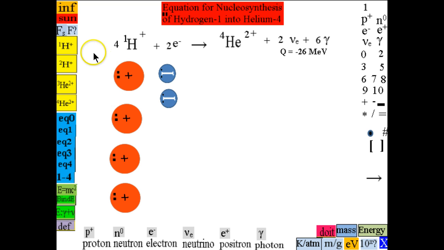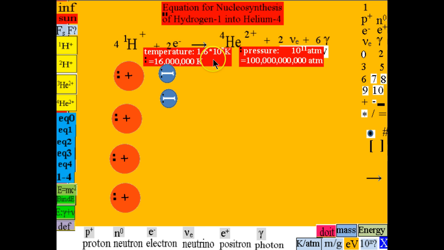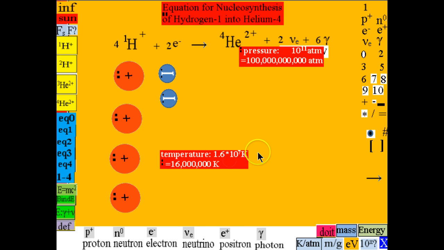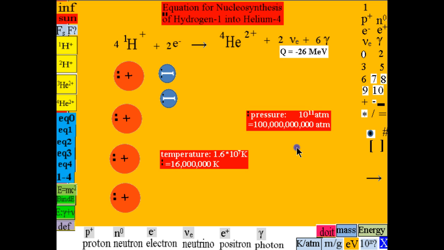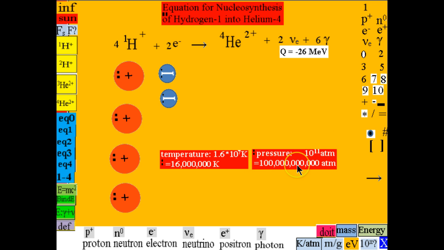First, we have to create an environment that is like the nucleus, like the core of the sun. That is a temperature of over 16 million degrees Kelvin and an atmosphere that is 10 billion times what we have here on Earth.